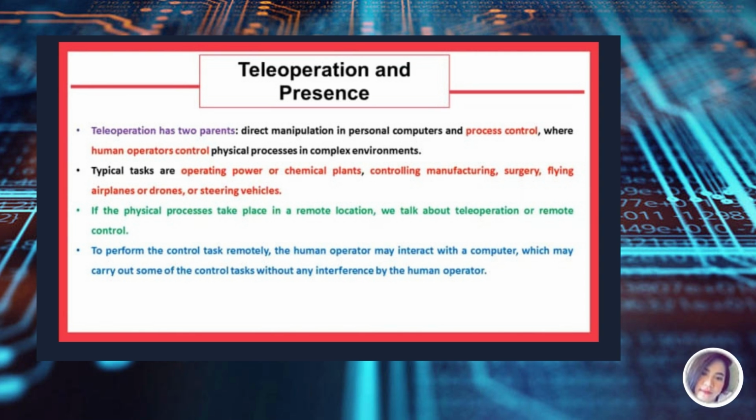If the physical processes take place in a remote location, we talk about teleoperation or remote control. To perform the control task remotely, the human operator may interact with the computer, which may carry out some of the control tasks without any interference by the human operator.